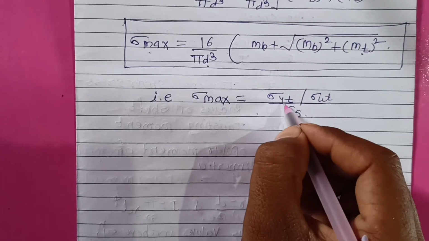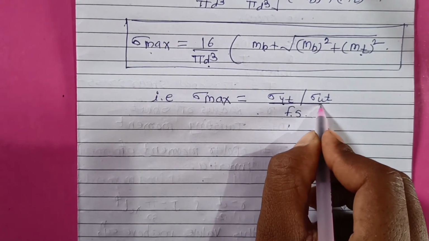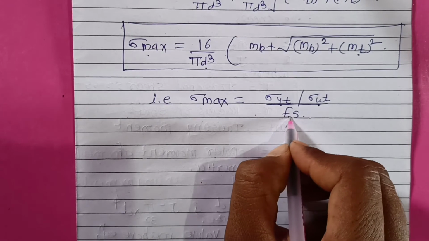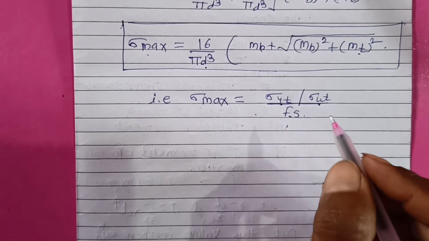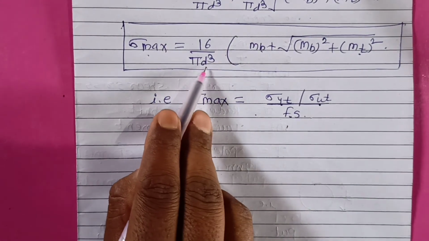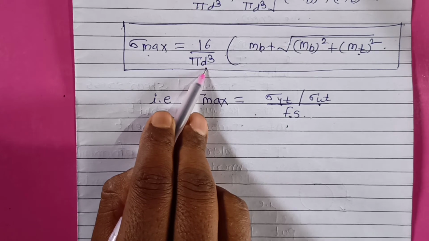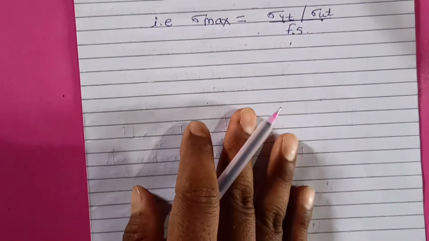Sigma yt is the yield point stress, sigma ut is the ultimate stress, and fs is the factor of safety. Now using this value, put it in the above equation and calculate the value of d. This is the first theory of failure, for brittle material.